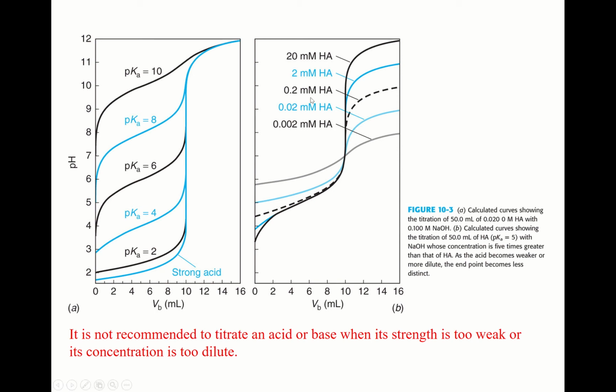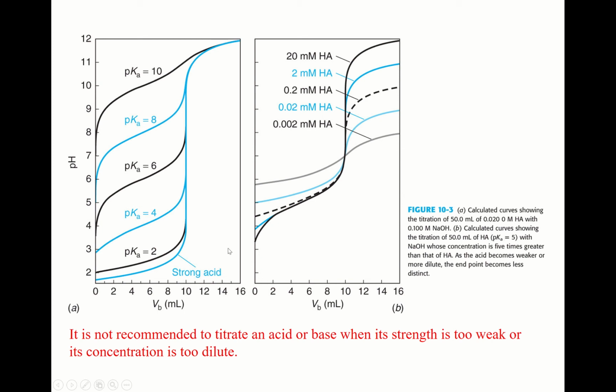And what about the concentration dependence on the titration curve? This one shows the weak acid HA whose pKa is 5.